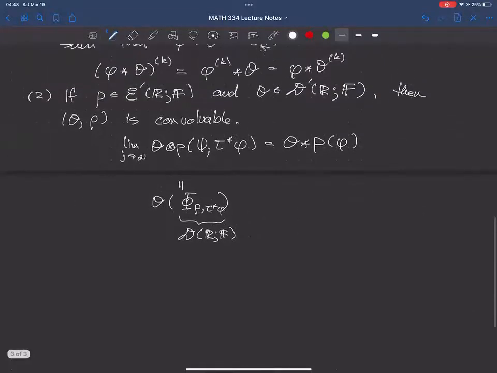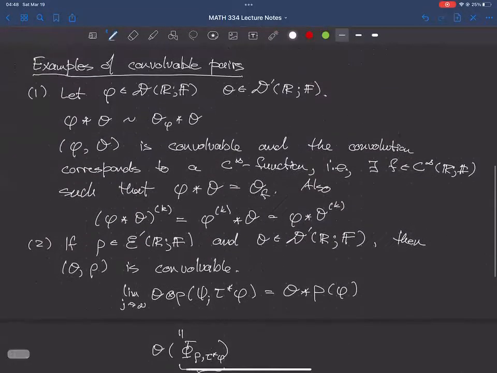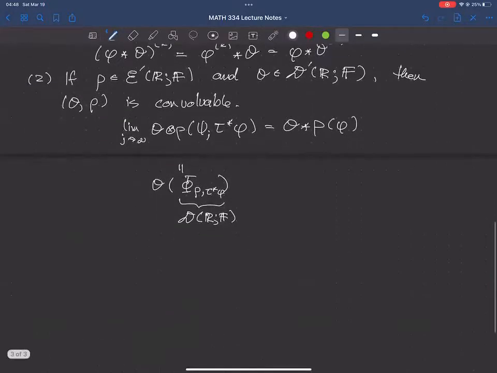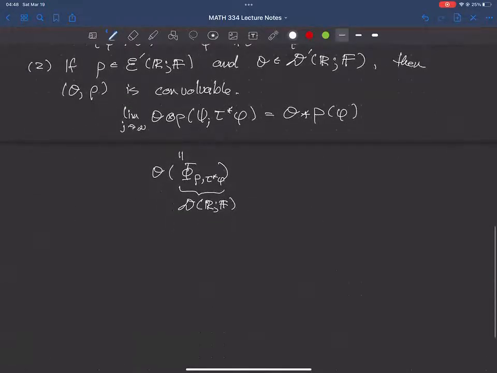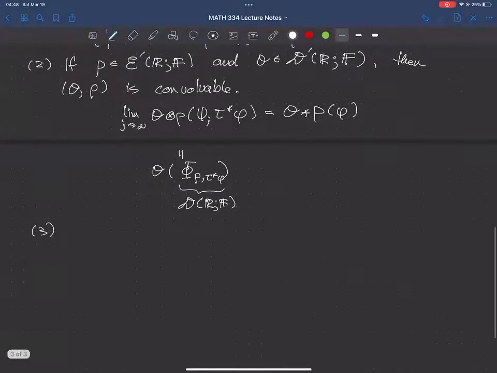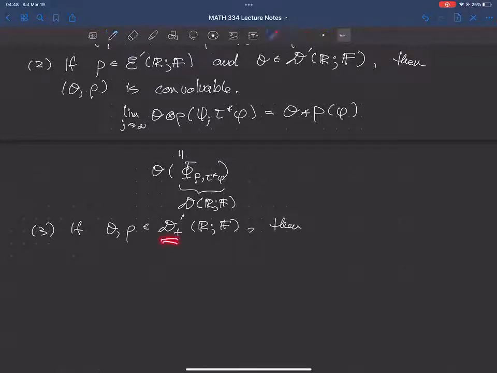Okay. So one also has continuity of these operations. Oh, maybe we mentioned this last time, and I'll just mention it here again. If theta and rho are in the appropriate space, then this means the support is bounded on the left.